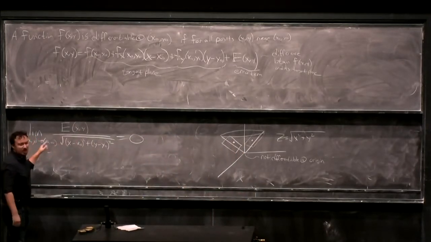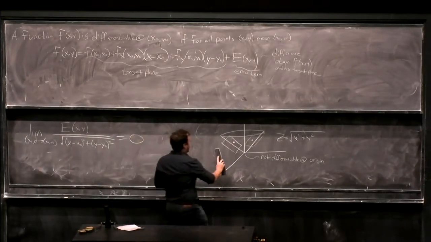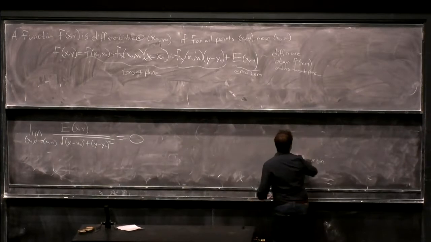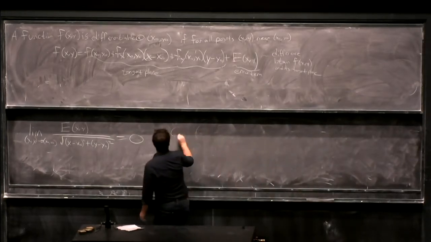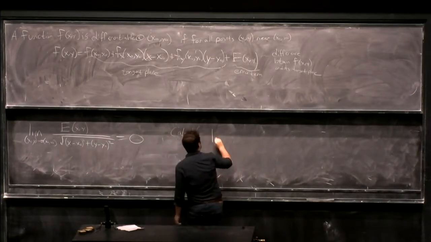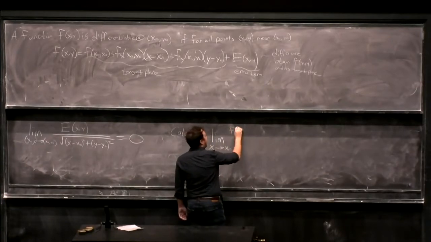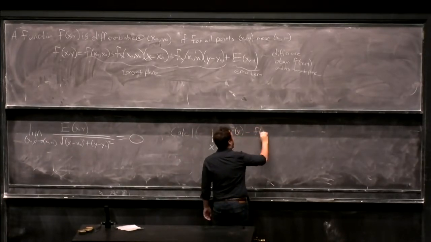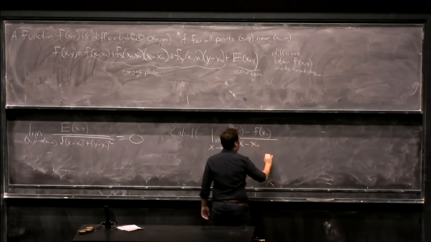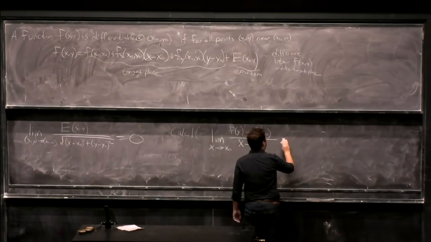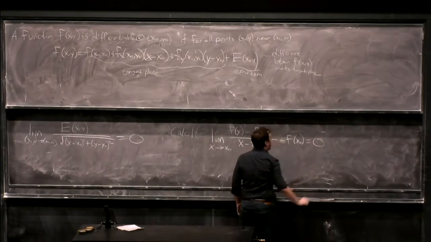And this limit might seem kind of mysterious, but there's a Calc 1 version of this limit, which looks a little strange, but it's a bit more digestible. The Calc 1 version is the limit as x goes to x naught of f of x minus f of x naught over x minus x naught, minus f prime of x naught, is 0.